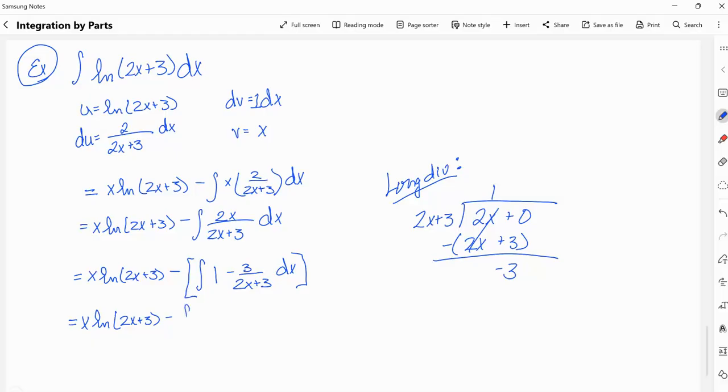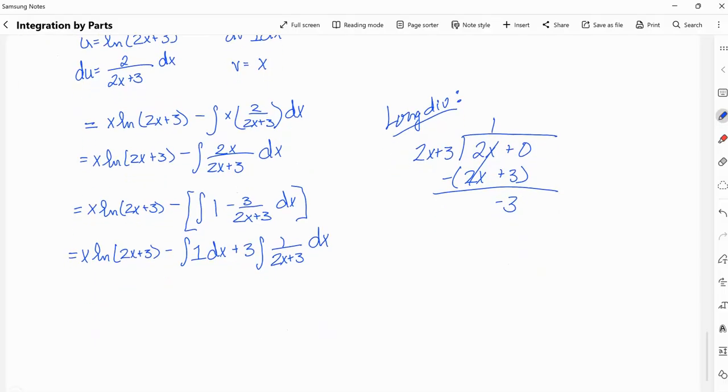So this is going to be minus the integral of 1 dx. And then I'm going to pull that 3 out. Minus negative would make that a positive 3 times the integral of 1 over 2x plus 3 dx. So to integrate this is going to be a u substitution. This guy's just going to end up being x.